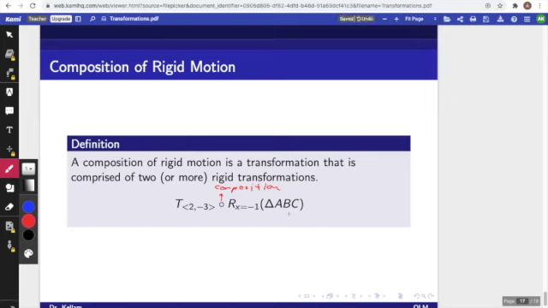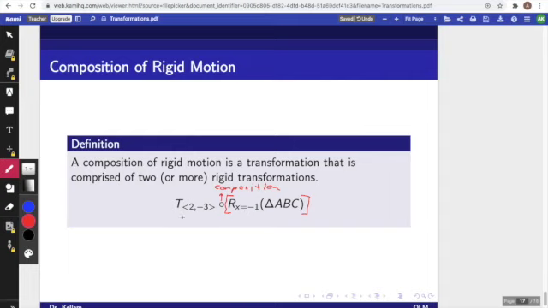Now, what are we going to translate? Well, we are going to translate whatever this shape is. So our translation is going to be of this entire thing, which tells us that before we do our translation, we need to do our reflection.